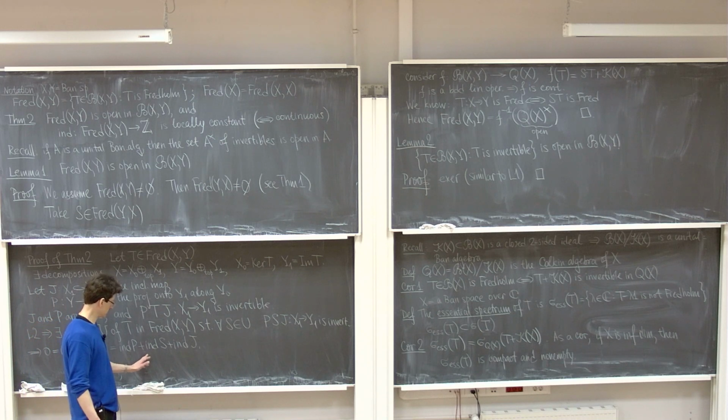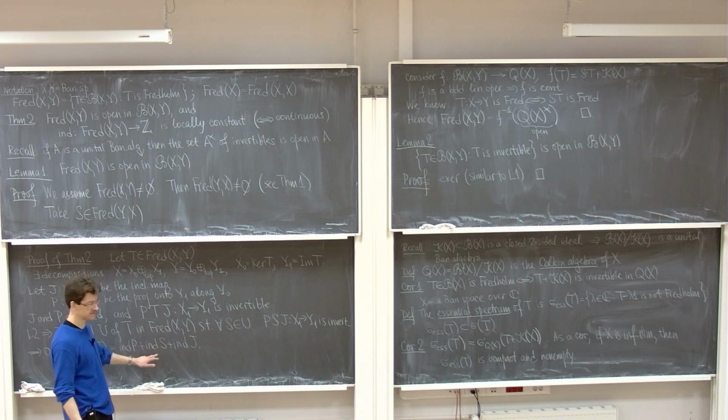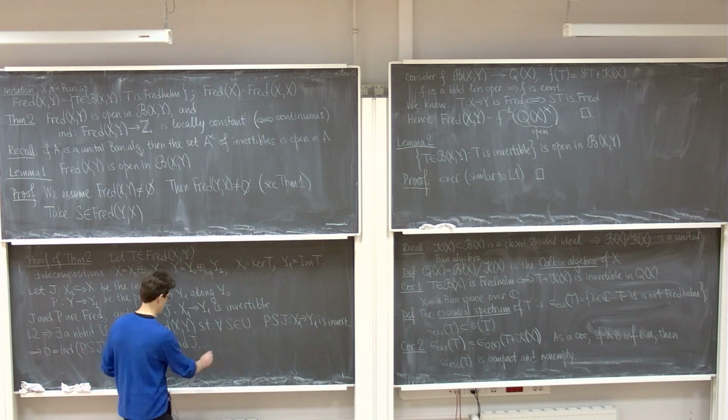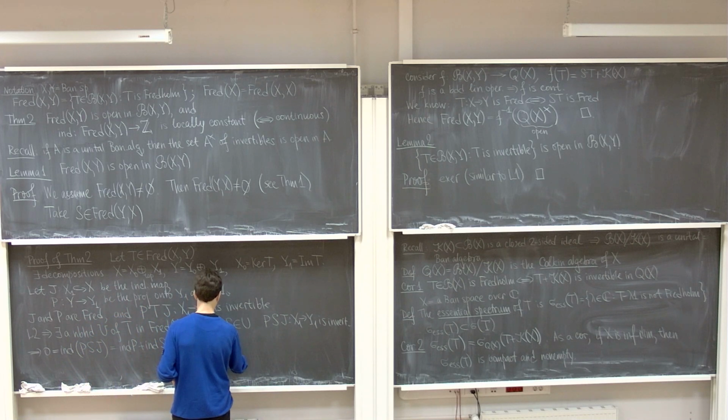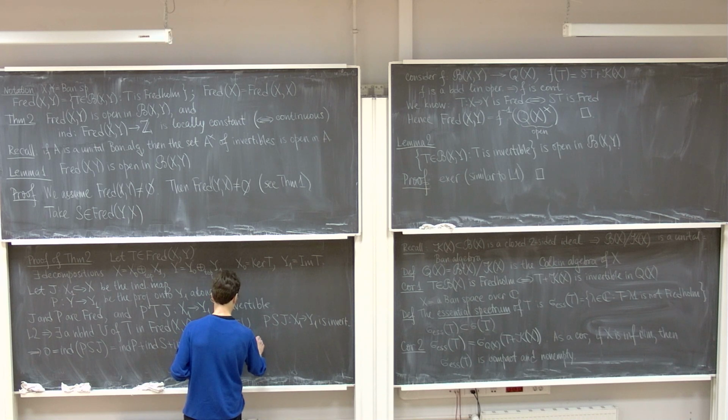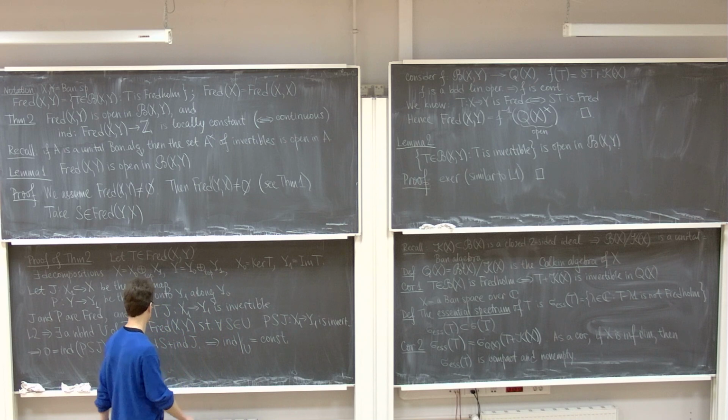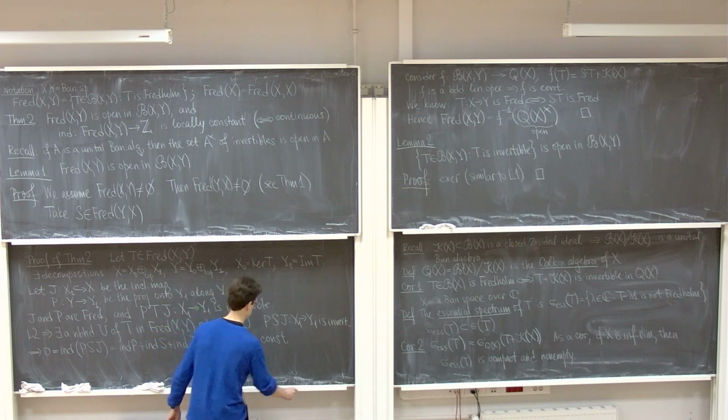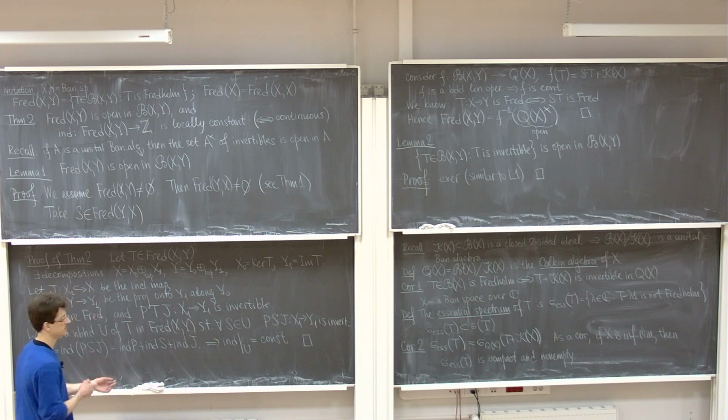And so this implies that the index is constant on U. And this completes the proof. So the index is locally constant.